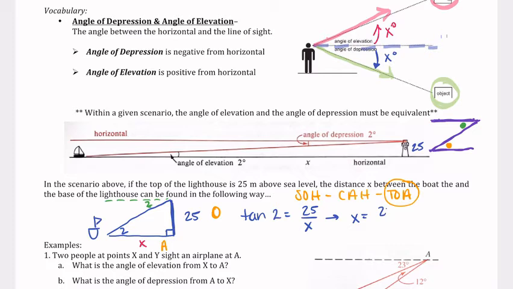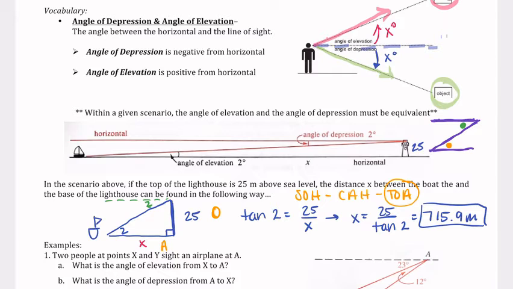X equals 25 divided by tangent 2. So divide that, 25 divided by tangent 2 equals about 715.9 meters.